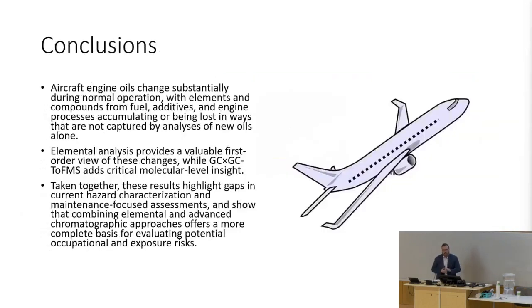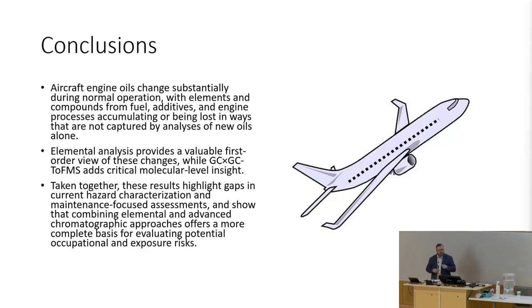Okay, so overall, basically what some of this work shows is that the aircraft engine oils change quite a bit. They don't stay chemically static during service. During normal operations, we have accumulations and we have losses from the oil. So I guess the important thing to note here is that the oil that an individual might be working with isn't necessarily the same as the oil that's on the safety data sheet, right? It's something that's a little bit different.